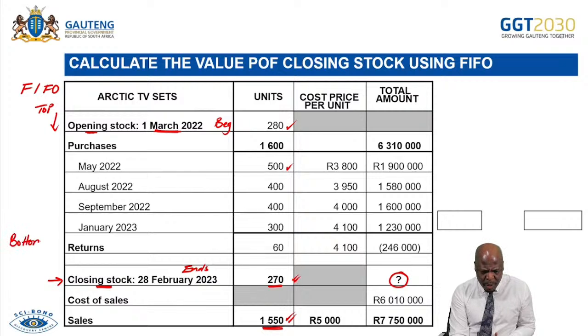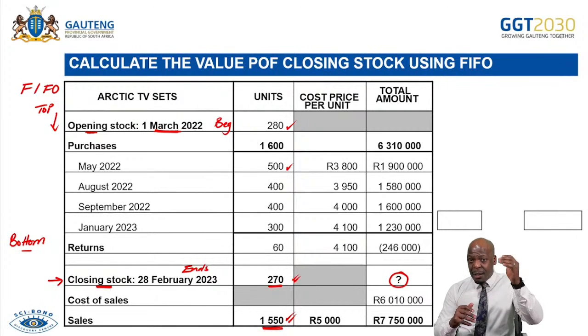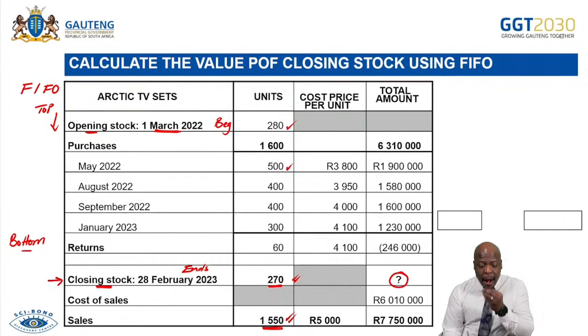If I'm looking at the bottom, it is very safe to say that if there are any units left that have not been sold, considering that our business is using the first in, first out, the last purchase will be the one where we find our stock.